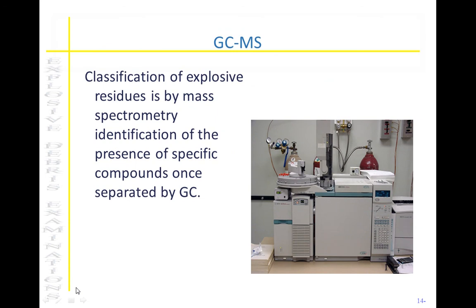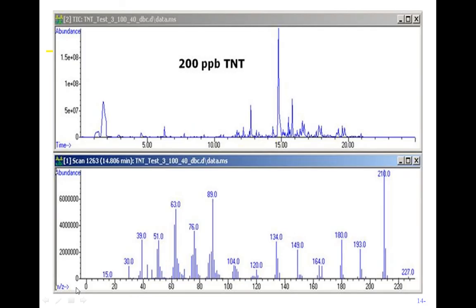And then finally, a gas chromatograph with a mass spectrometer may also be used to help identify the presence of specific compounds in that explosive residue. Once again, you're going to obtain a chromatogram from the gas chromatograph, and then also the ionization charges for the specific peaks within that chromatograph obtained by the mass spectrometer detector.